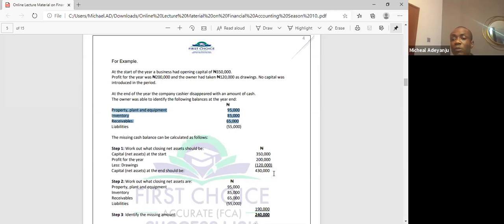But if it is not giving you 430,000 naira, then the missing item is your cash. Because your cash is also a part of your assets, which is actually not here. So your property, plant and equipment, 95,000, your inventory, 85,000, your receivables, 65,000, minus your liability of 55,000, will give you 190,000.